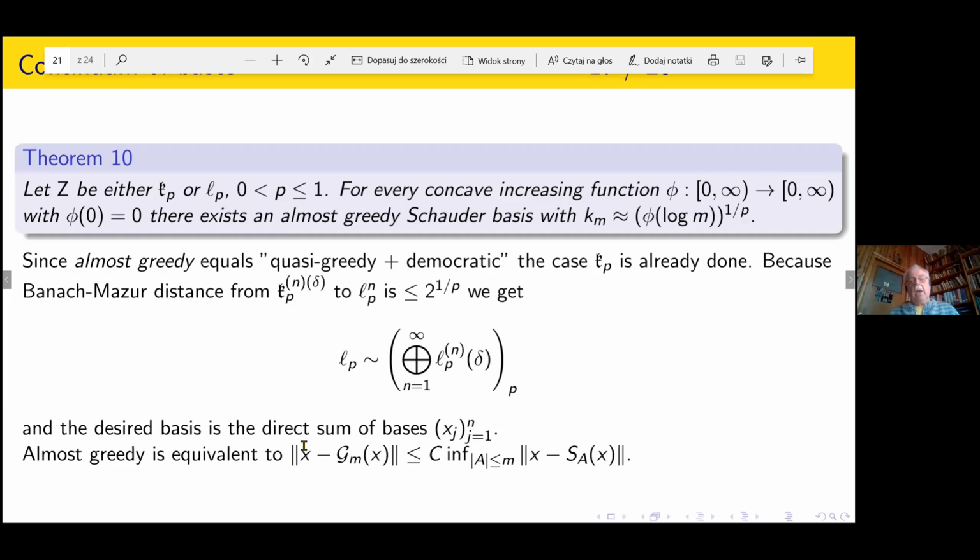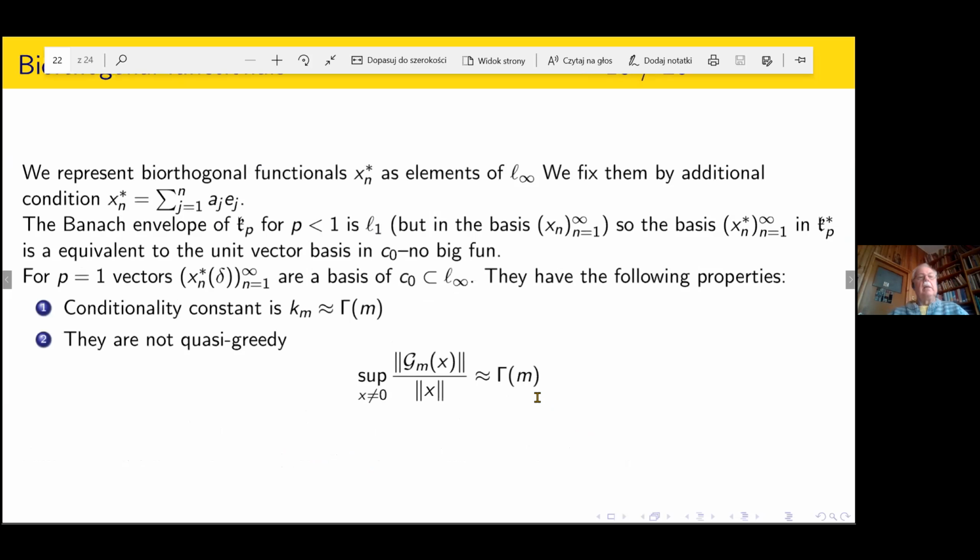In other words, it says that picking the biggest coefficients is almost the best that you can do, among all the other choices of coefficients, if you choose similar sums but taking other coefficients, which is somehow interesting, I think. Anyway.